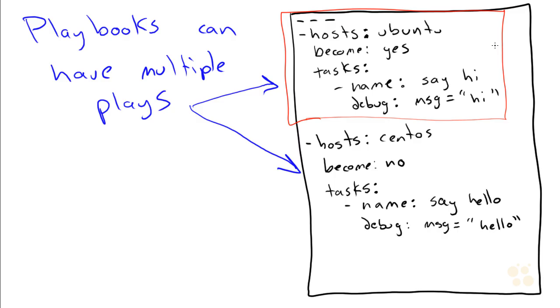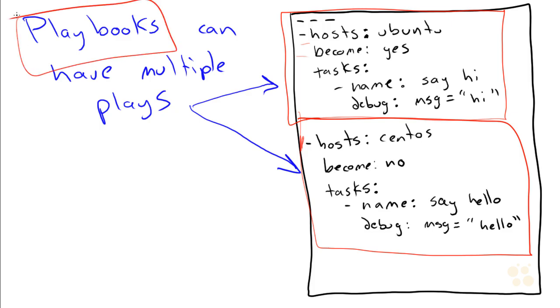However, a playbook can have multiple plays, meaning you can start over. So we've had hosts, become yes, tasks, and then if you go back, remember the white space here counts, if you go back to the beginning of the file and say hosts and start a whole another section, this is considered another play.